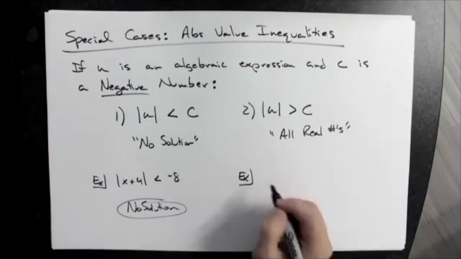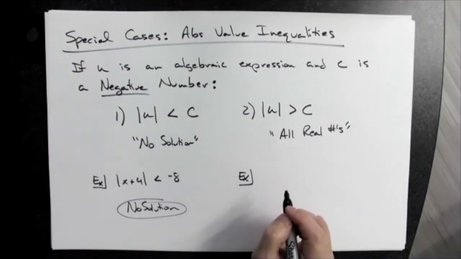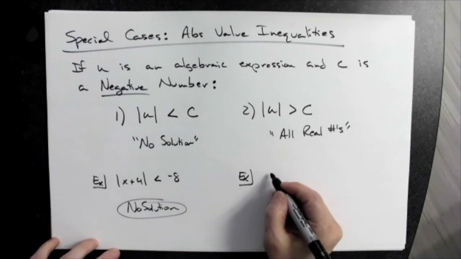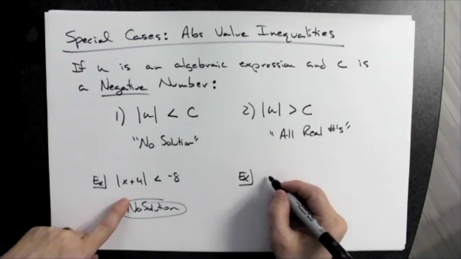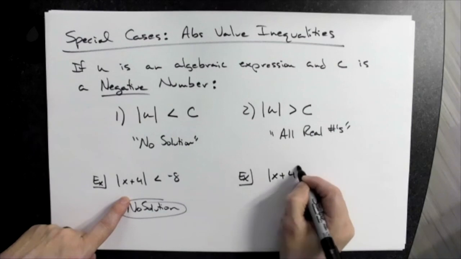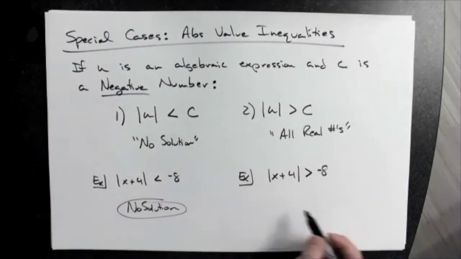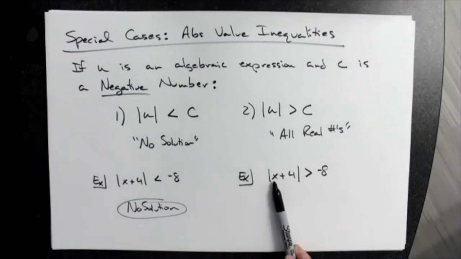Okay, so an example would be, let's do this exact same thing. Absolute value of x plus 4, but let's say it's greater than -8. It doesn't matter what I plug in, even if I plugged in a -10, a -10 plus 4 is -6, take the absolute value, that gives me a positive.